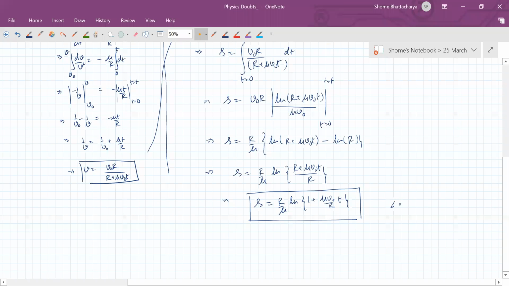And angular displacement will be s divided by r. So that will be 1 by μ ln of 1 plus μv naught t divided by r. So this is your angular displacement, and this is the distance traveled, not the displacement, which is basically the arc length as a function of time.